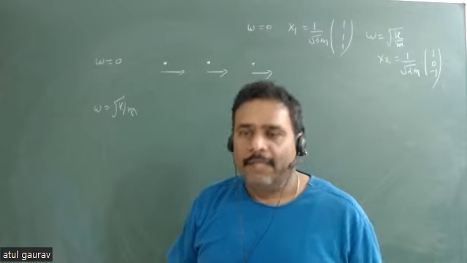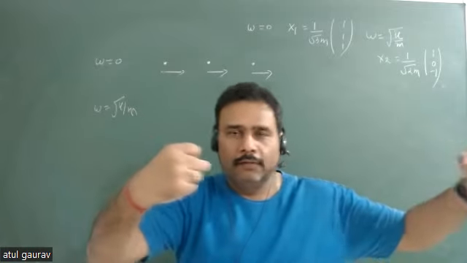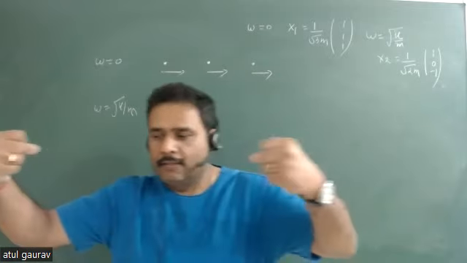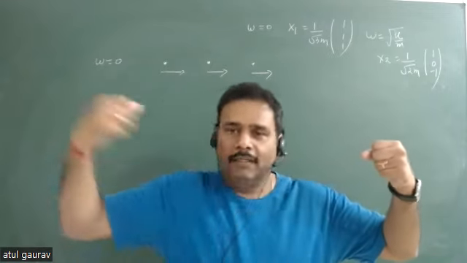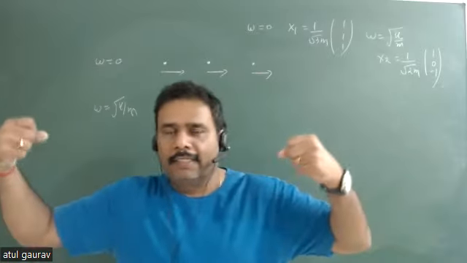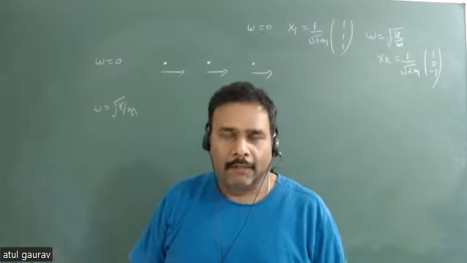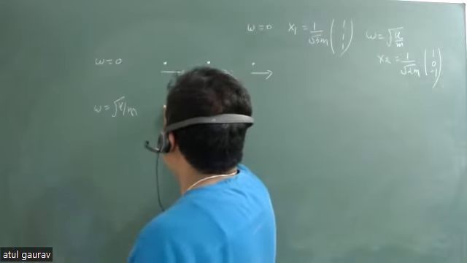Meaning of that, they are just moving as a rigid body. Assume my head is the second one, this is first one, this is third one. If it is moving in this direction, then everything is moving in this direction. So this is one independent motion.